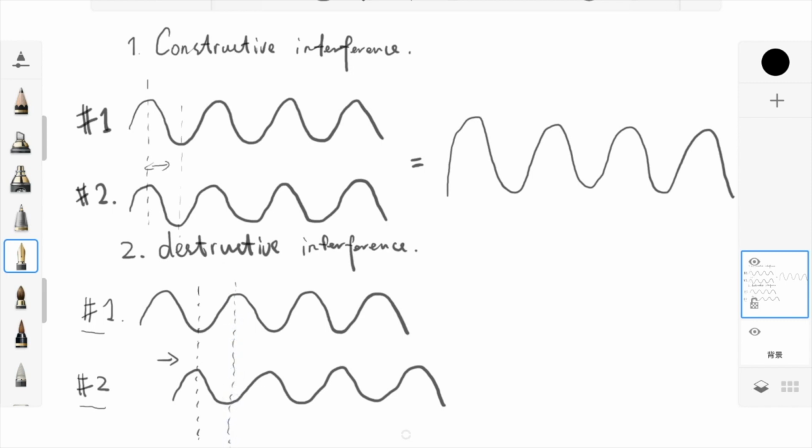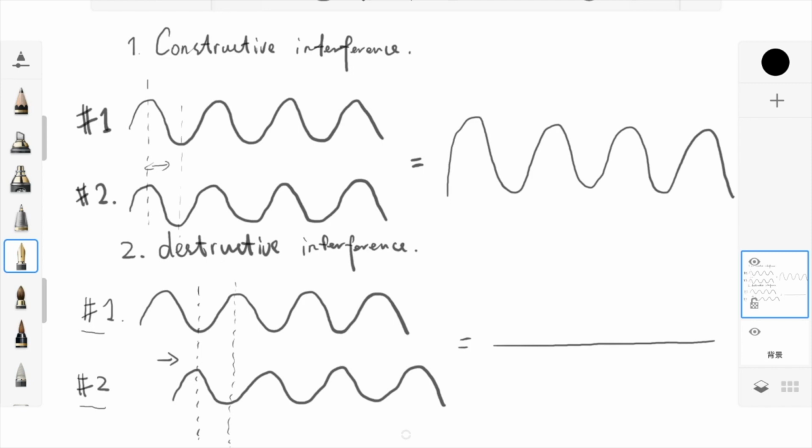In this case, when they meet each other and mix, we get the dark spot, the dark fringe, which we call destructive interference. After that, it is just like a straight line, right?